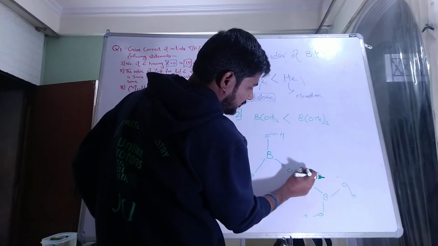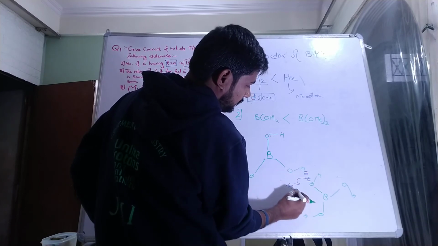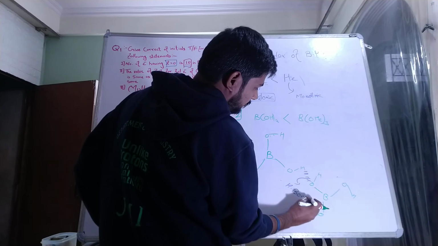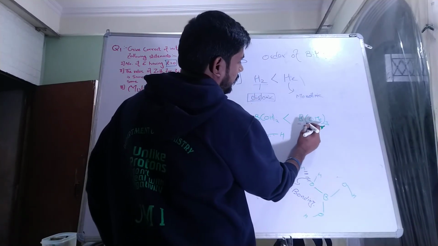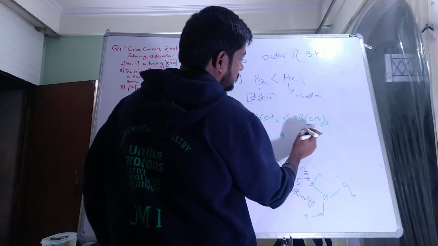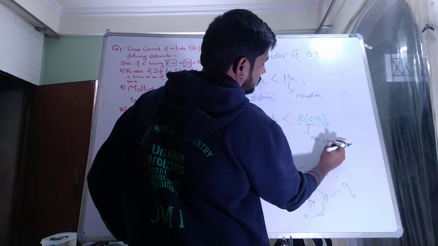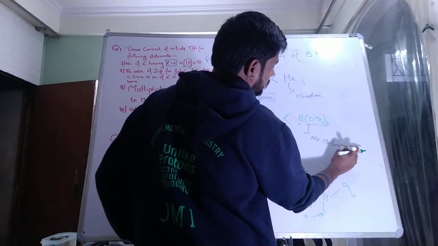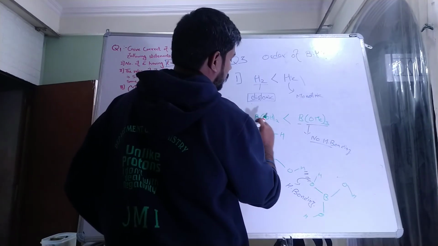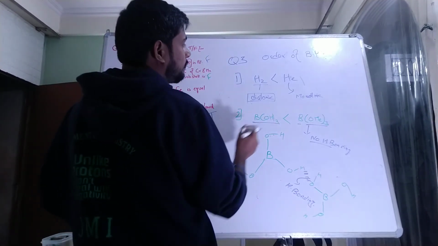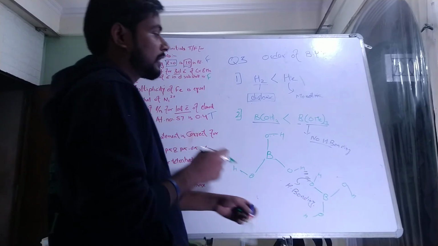The interaction between this and this is hydrogen bonding. And in B(OMe)3, it has no hydrogen bonding. So B(OH)3 will have a higher boiling point than B(OMe)3.